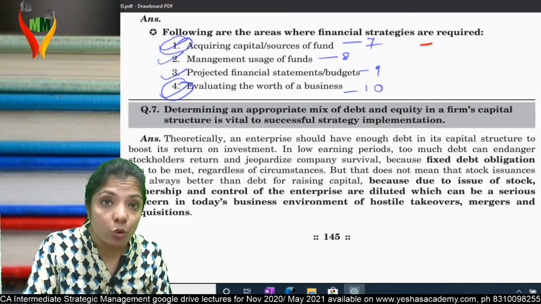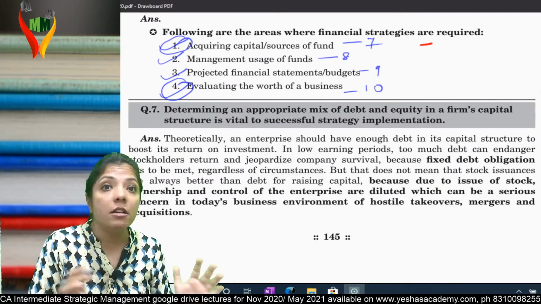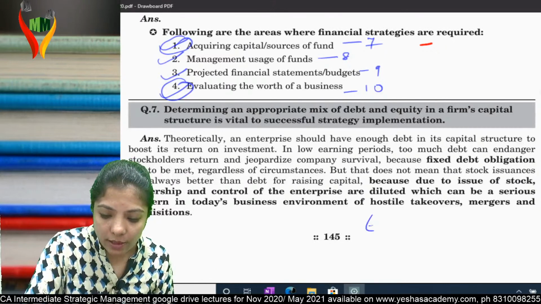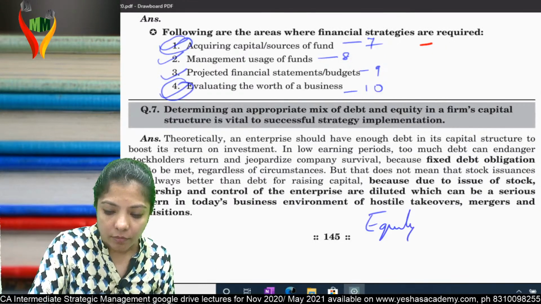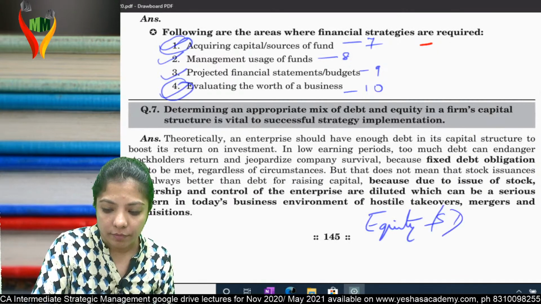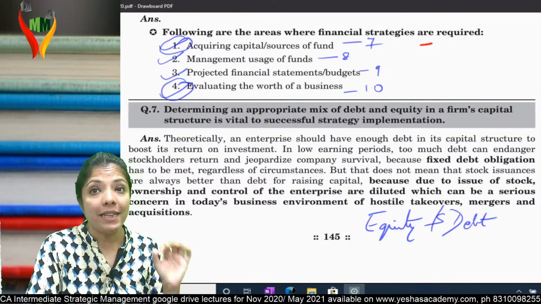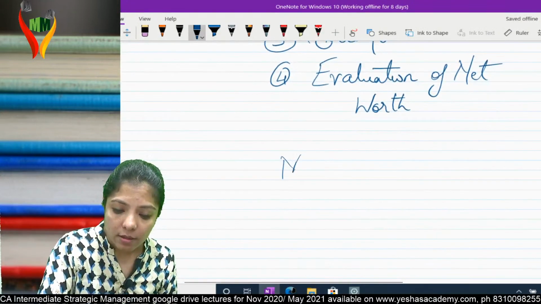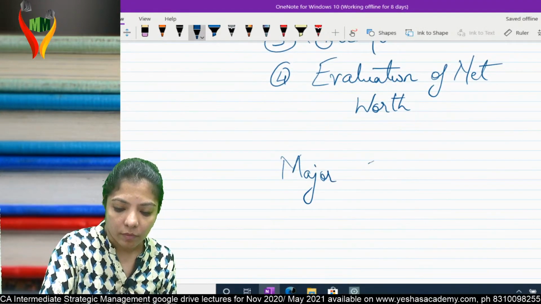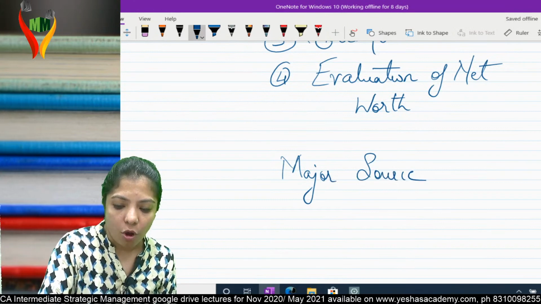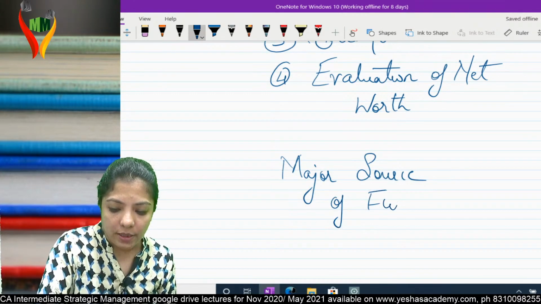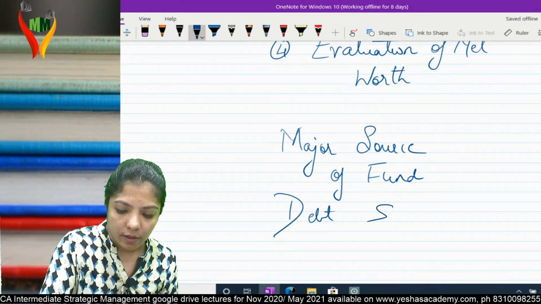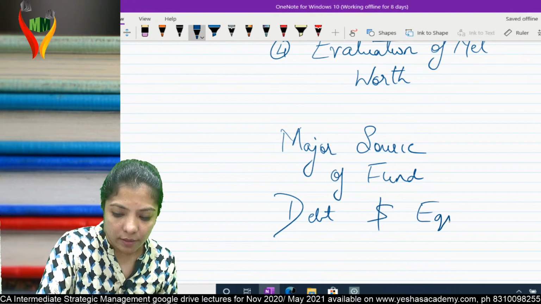If I ask you, what are the major sources of funds? Equity and debt. Debt and equity.